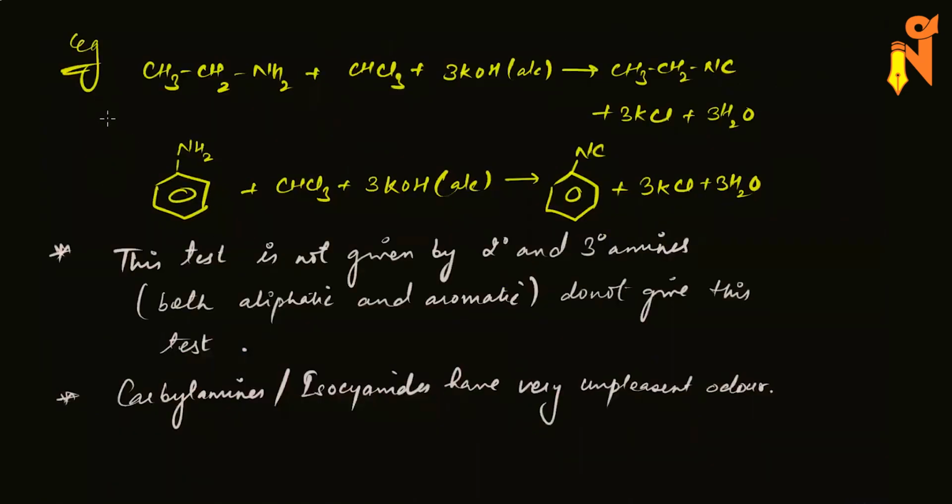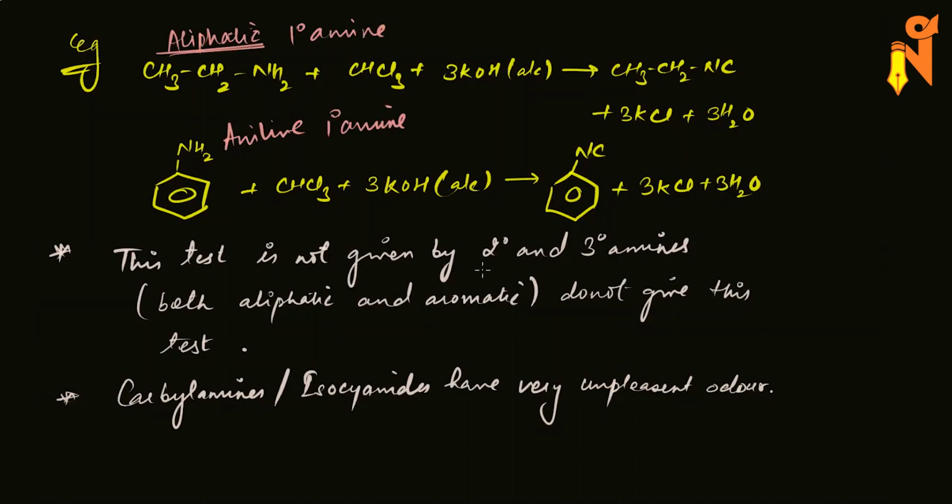This is shown by all kinds of primary amines. Aliphatic amines will show this reaction, and aniline will also show this reaction. So it's not specific to aliphatic primary amines. Aliphatic primary amine and aromatic primary amine both will show this reaction and form the respective isocyanides.